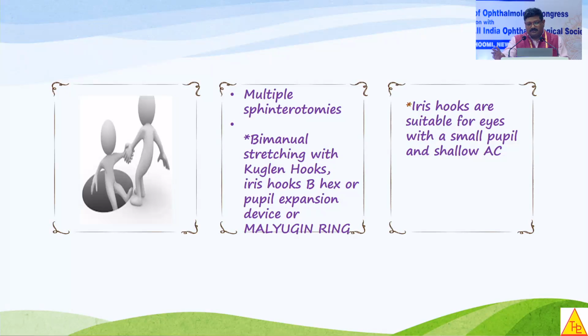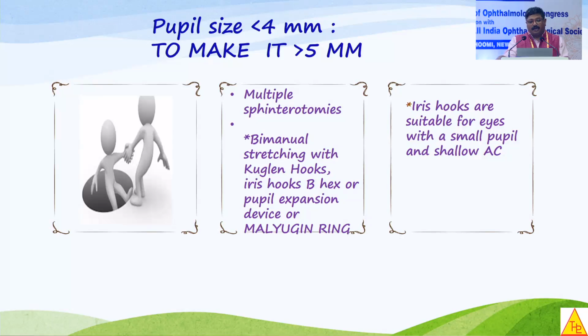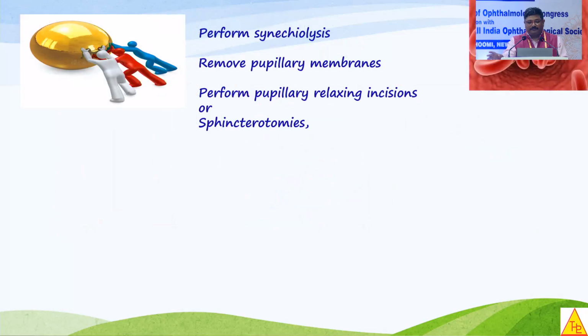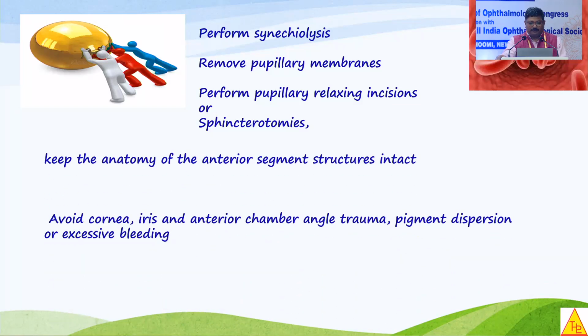Sometimes at surgery we have to decide on multiple sphincterotomies, bimanual stretching with rings and hooks. We have to increase the pupil size up to 5 mm, perform synechiolysis, deal with membranes, and do multiple sphincterotomies.